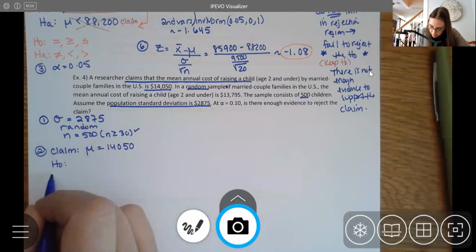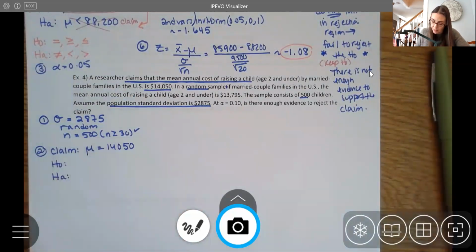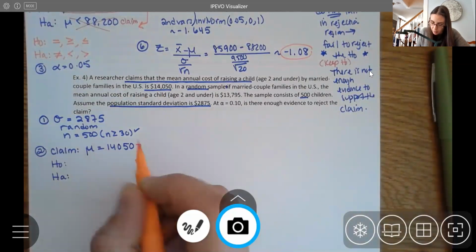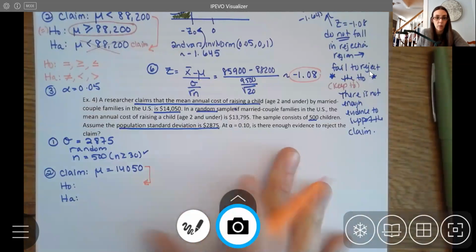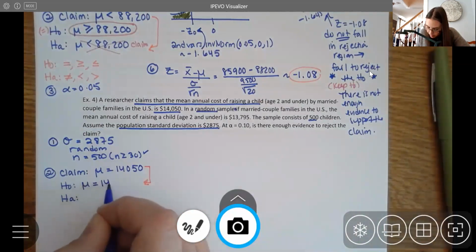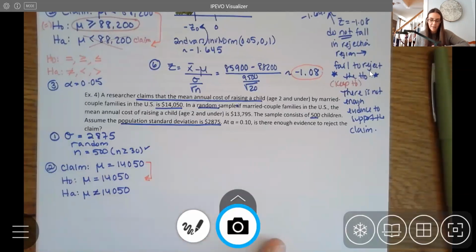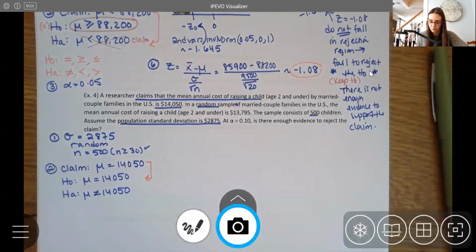Now, this claim has equality in it. So if it has equality, it must go to the null, because remember, the null has to have some sort of equal piece. So our claim actually goes to the null position here. And the opposite of equals is not equals. So we have our null and our alternative hypotheses here.